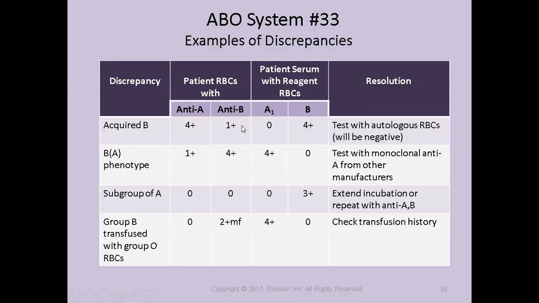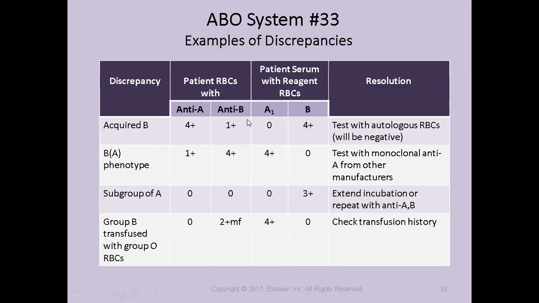That's the one that we want to think might be discrepant. Think about it: if we eliminated this 1+ reaction and it turned into a negative, would the forward and the reverse typing then agree? The answer is yes, because if this were eliminated to a negative, this patient would type as A on forward and type as A on reverse.